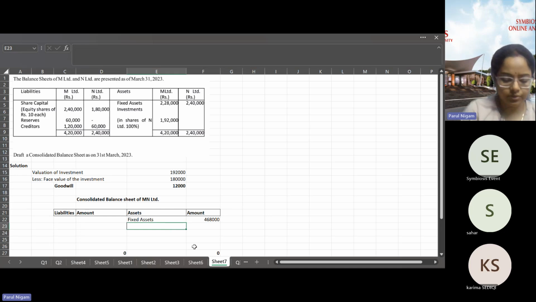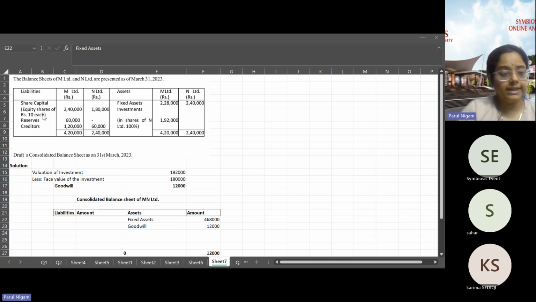So what we are going to record is goodwill, which was 12,000. You have computed it here, the difference between the book value and the face value. Fine. So this is basically your goodwill for MN Limited.